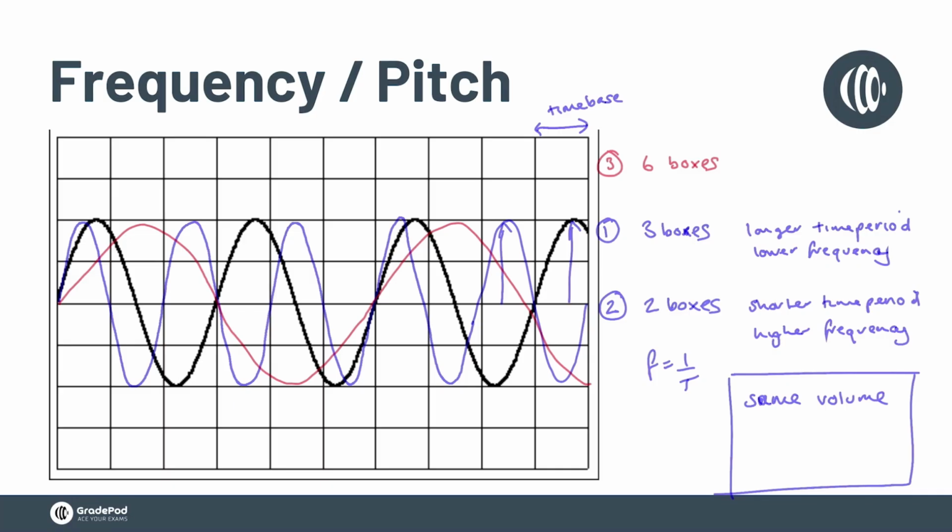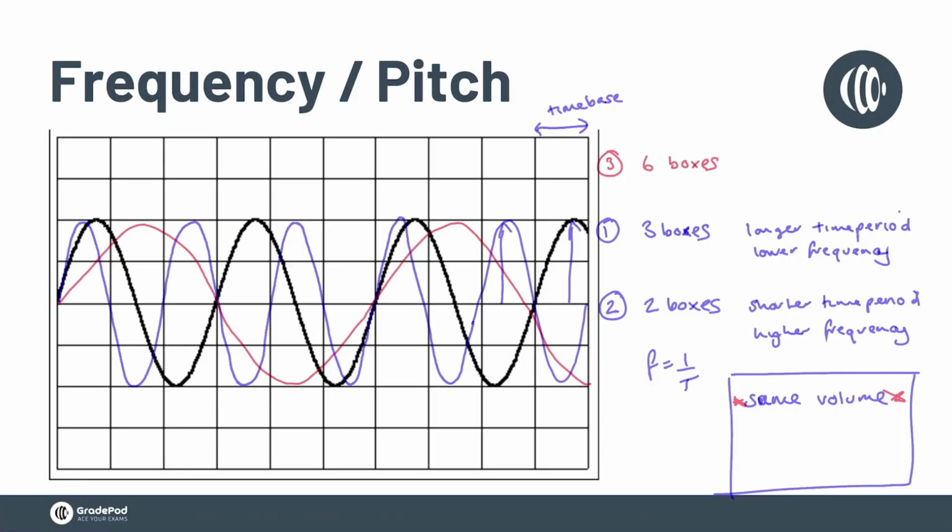In fact, it's got double the time period, and that means it has half the frequency of the first wave. Maybe that's a little bit complicated, but what we can get out of here is that it's got the same volume, it's just that the pitch has completely changed. That's how we represent a change in pitch with the sound trace on an oscilloscope.